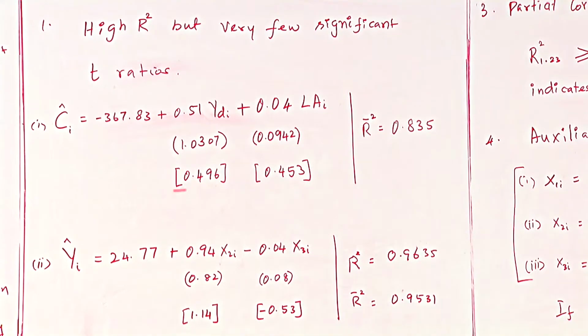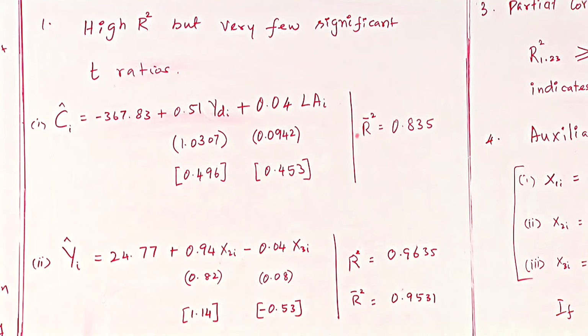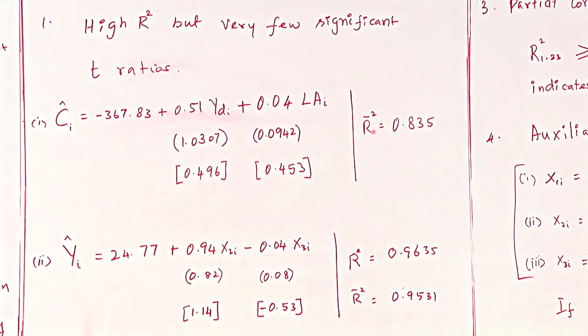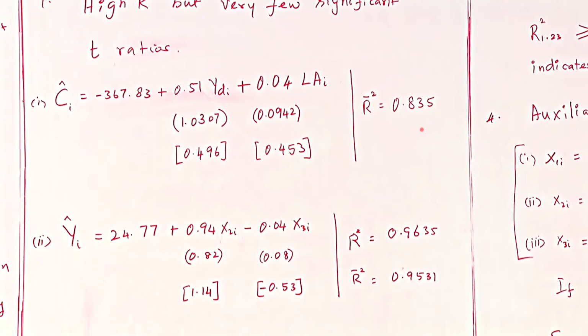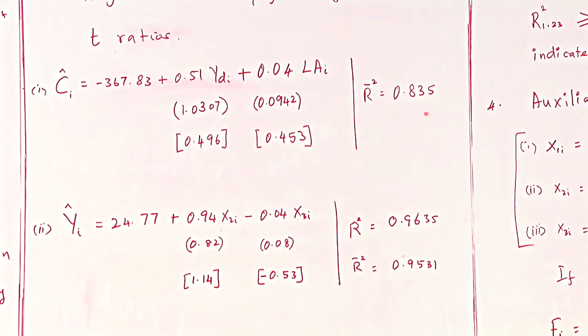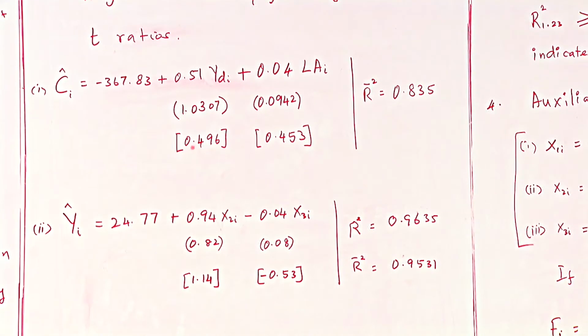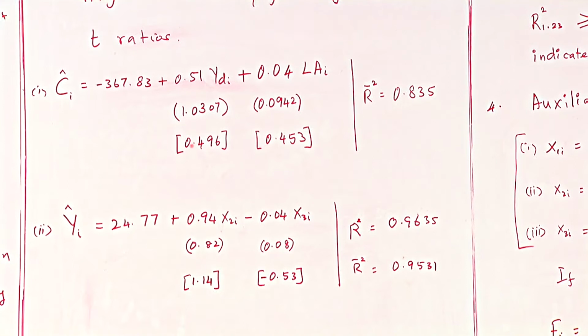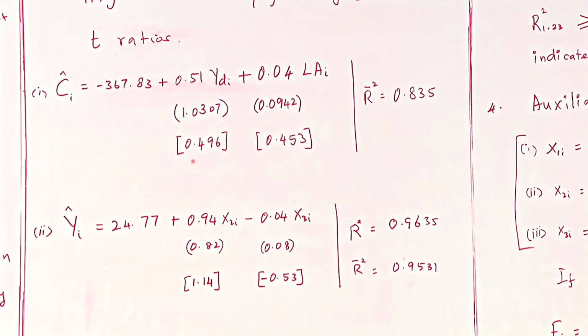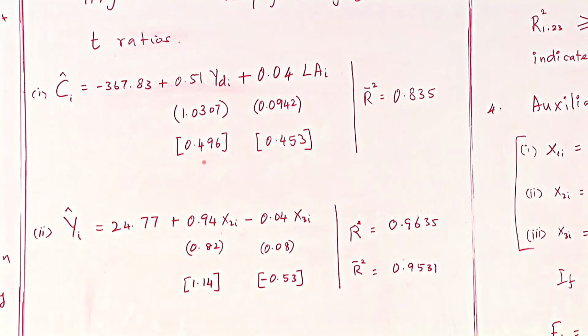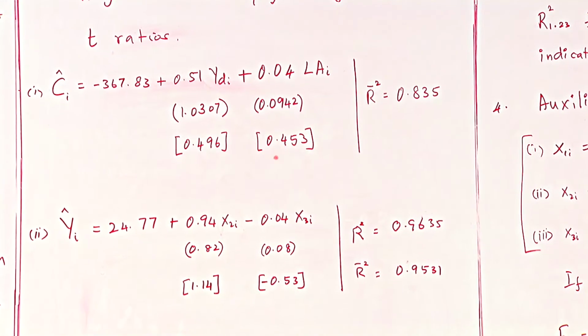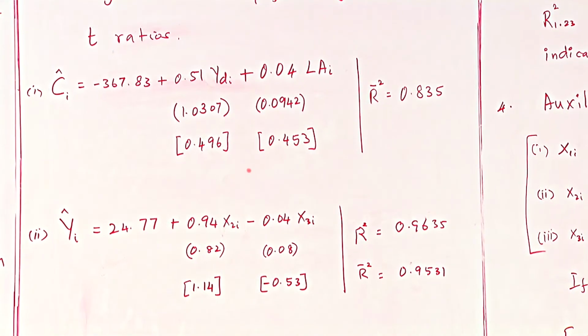In this regression, you have a very high R bar square, almost near 1, 0.835, but at the same time the T values given in the square brackets are very low, 0.496 and 0.453.